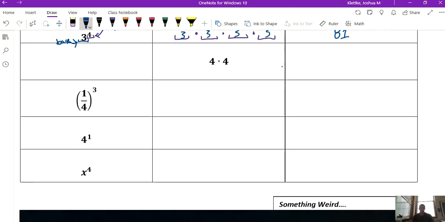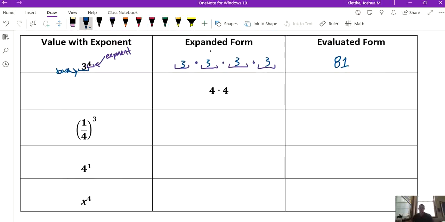So then look at the next line down. They give us the expanded form. We see there is 4 times itself. So 4 is written twice. Since 4 is written twice, that means the exponent is 2. The base is whatever number is being multiplied by itself, so 4.